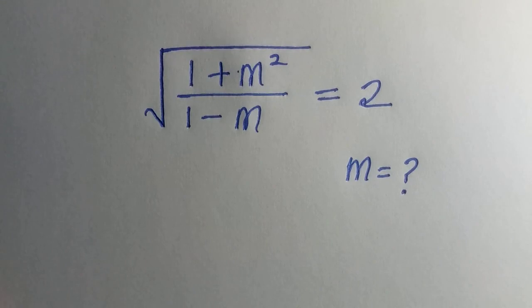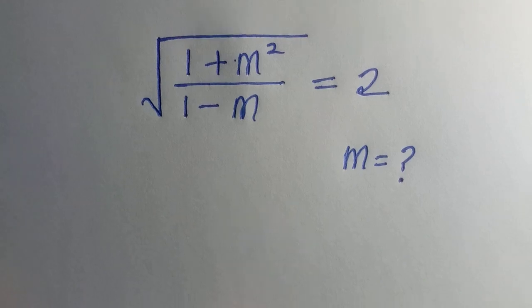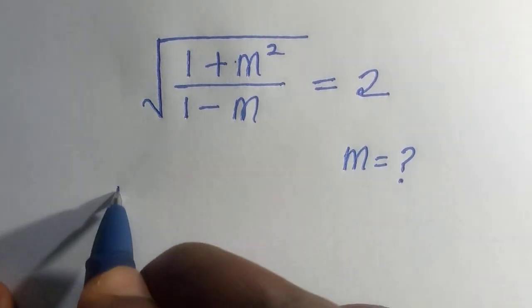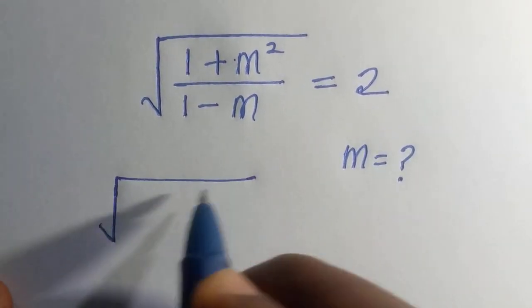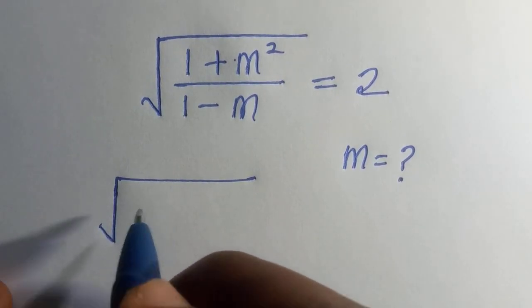In this system of radical equations, we want to find the value of m given that the square root of (1 plus m squared) divided by (1 minus m) equals 2. To solve this, we take the square of both sides to get rid of the root.